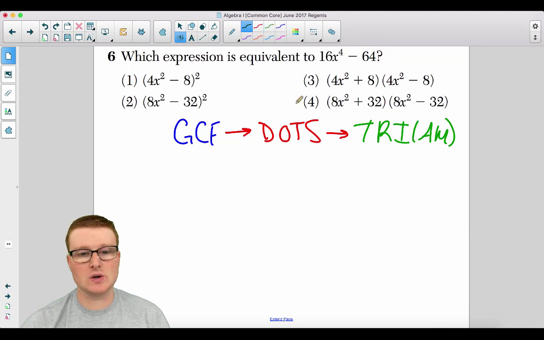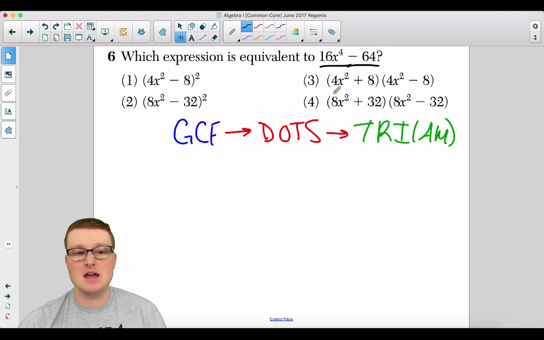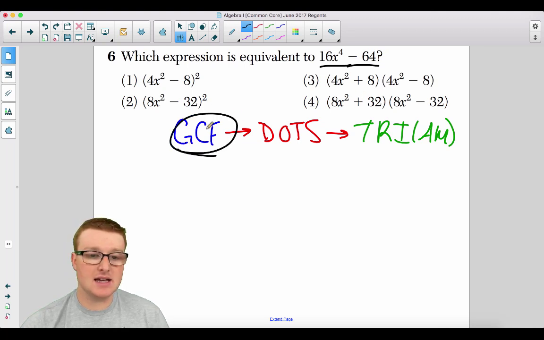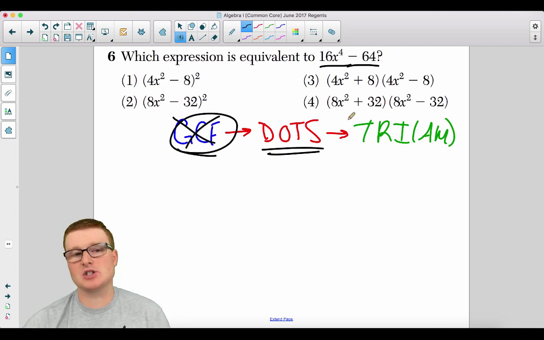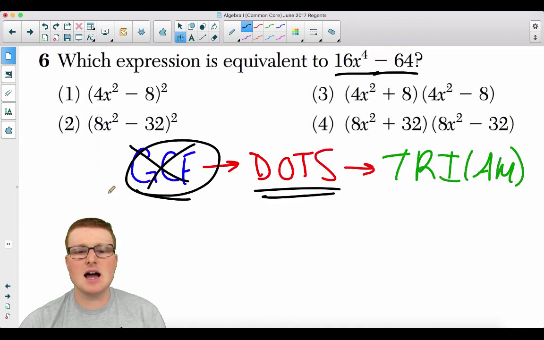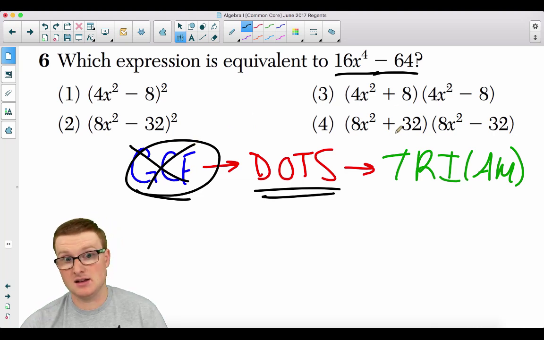Unfortunately, in all of these answer choices, they did not take out a GCF. They went straight to the difference of two perfect squares, which isn't breaking any laws of math, but I think they should have factored the GCF first.